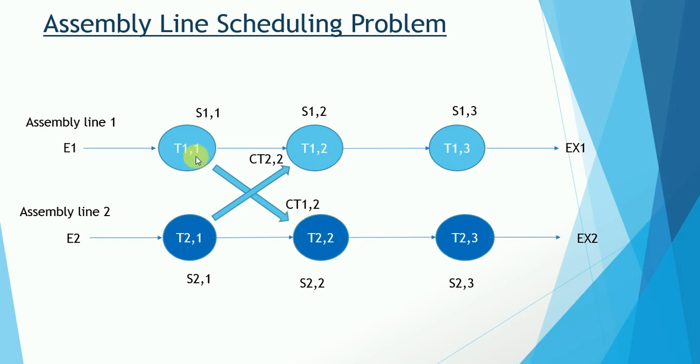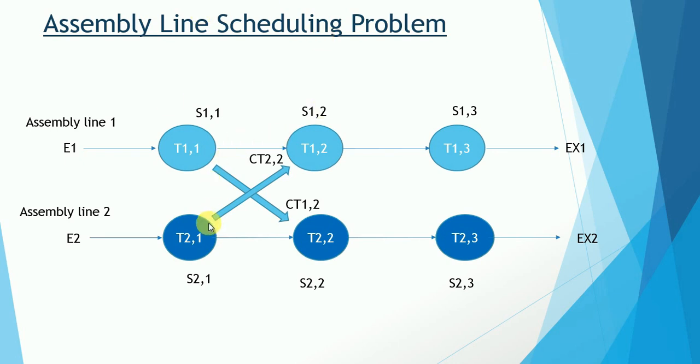So when the chassis changes the assembly line and moves from assembly line 1 to assembly line 2, the time taken will be CT1,2. The 1 indicates assembly line 1 and the 2 indicates the position. We are going to see it when we solve the problem and it will be more clear to you.